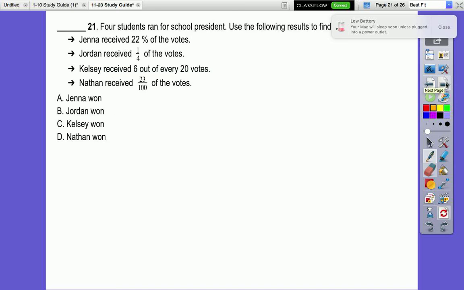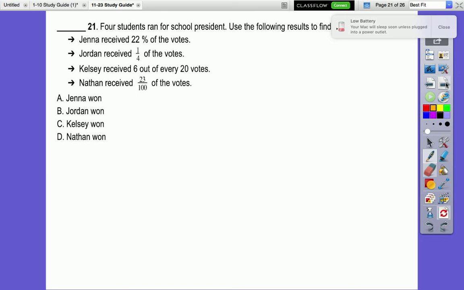Moving on to number 21. Okay, 4 students ran for school president.